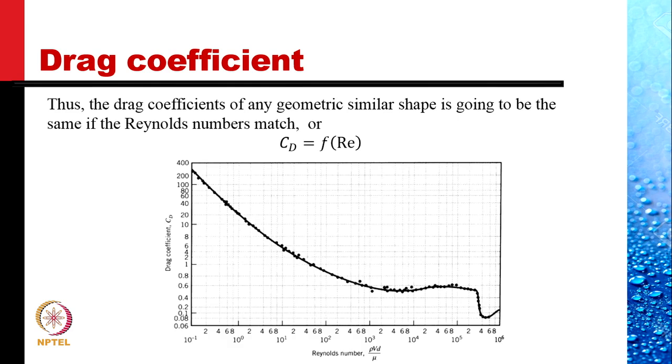We plot here the drag coefficient for a sphere at various Reynolds numbers. The dots represent the measurements by many researchers on different types of fluids, different sizes of spheres, etc. And they all fall in a single curve, proving the power of the analysis that we carried out.